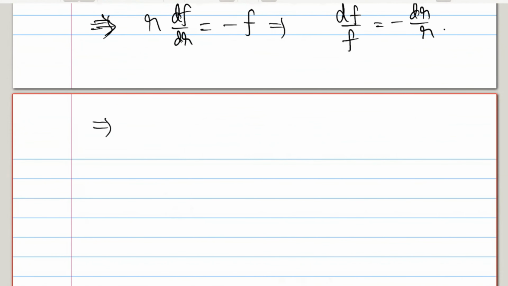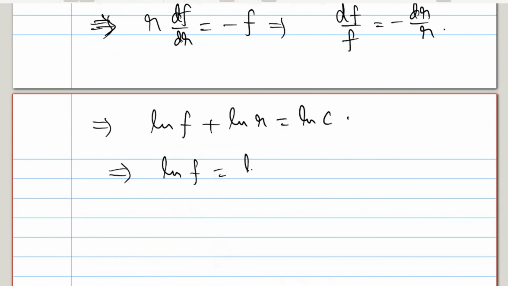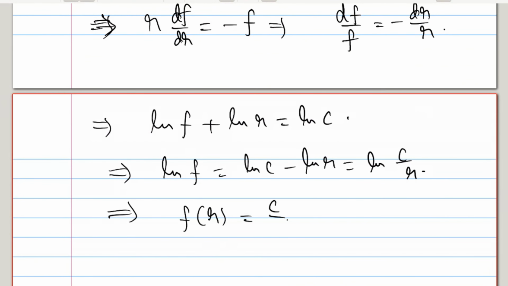So you will get ln of f plus ln of r equal to ln of c. Is it correct? So this will give me ln of f equal to ln of c minus ln of r. So this is simply ln of c by r. So what you are getting is f of r is nothing but c by r. C is constant, isn't it? So you go and substitute there.